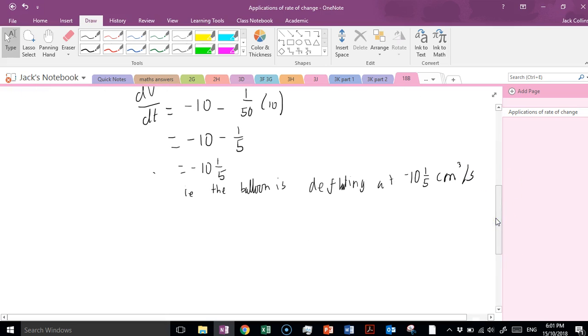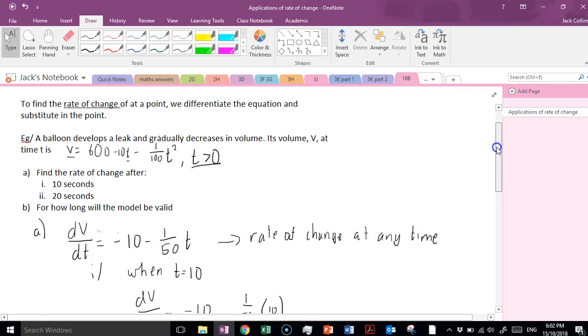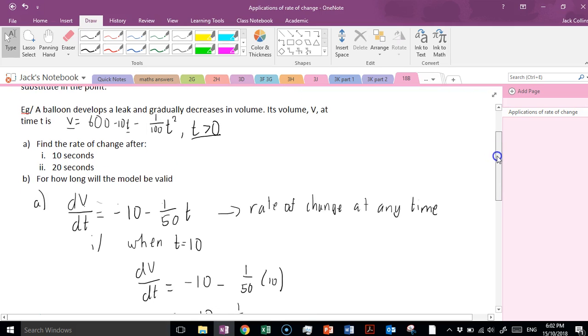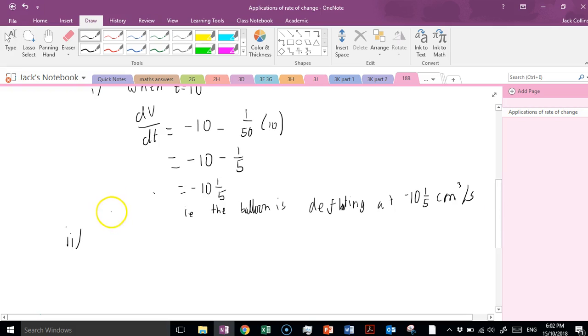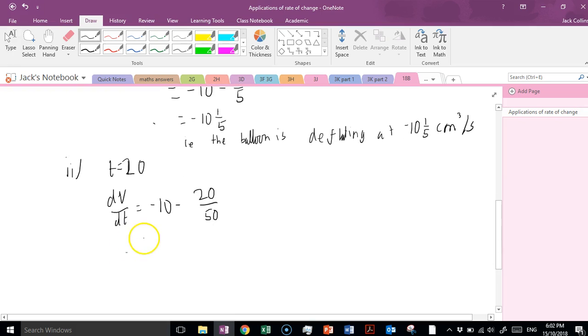I'd like you to pause the video and have a go at part 2, which is to find the rate of change after 20 seconds. It's the same approach. When t equals 20, dV on dt is equal to negative 10 minus 20 on 50, substituting in 20 for t, which is equal to negative 10 and 2/5.